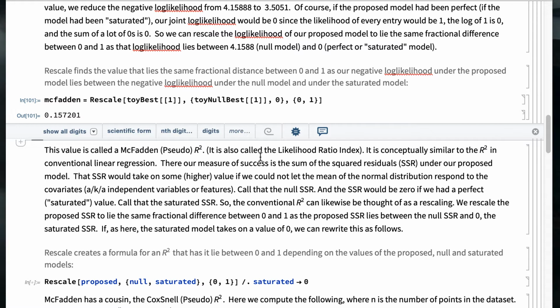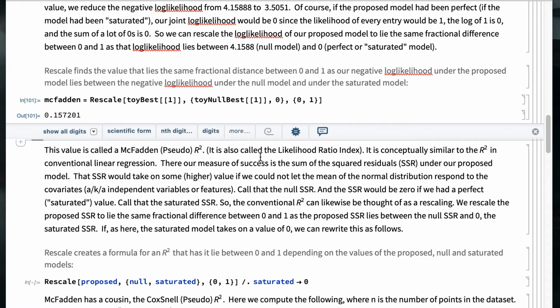In conventional linear regression, what we did is we said, what would the variance of the residuals be under a null model where we couldn't use our covariate information? We just had to make one guess. And so we got usually some pretty big sum of the squared residuals. And then we asked ourselves, what would we get if we had a perfect model? Well, if we had a perfect model, every residual would be 0, and the sum of the squared residuals would be 0.